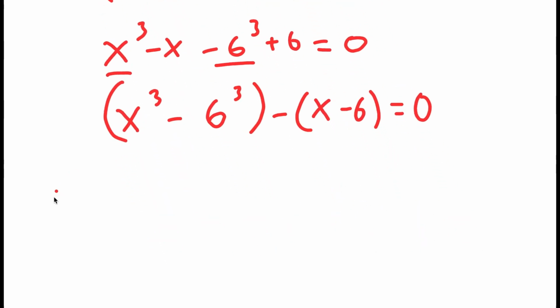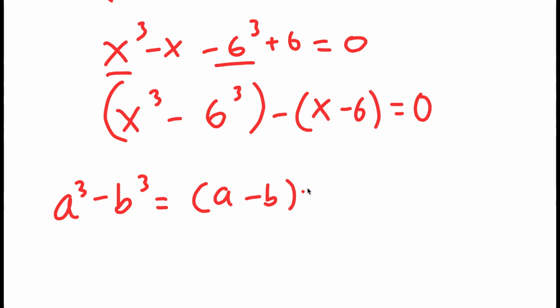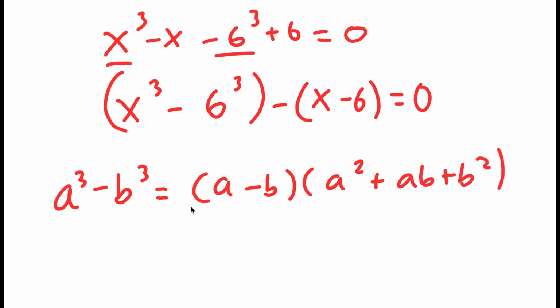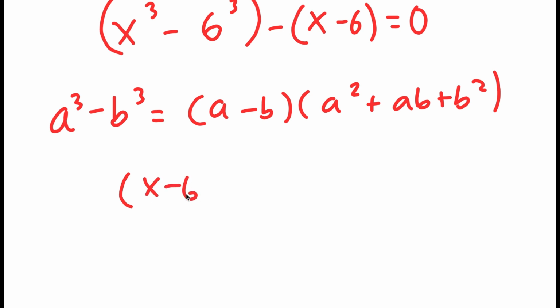So now, if I have something in the form a to the power of 3 minus b to the power of 3, this is equal to a minus b times a squared plus ab plus b squared. So I get x minus 6 times x squared plus 6x plus 6 squared, which is 36.